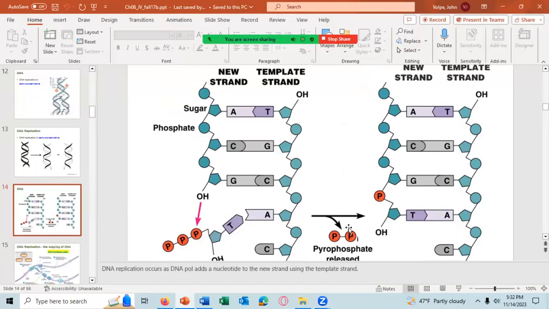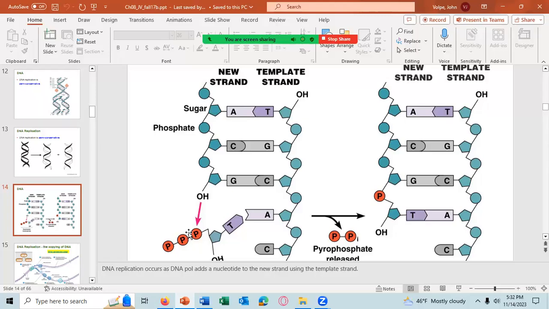How this happens is when the parent strand is being used as a template to make the new strand, a nucleotide triphosphate, meaning in this case, a T with 3 Ps, comes in, and then the enzyme that's adding it removes the 2 phosphates, and that releases a lot of energy. If you remember, this bond here and that bond there are high energy phosphate bonds, and if you break them, it releases a lot of energy.